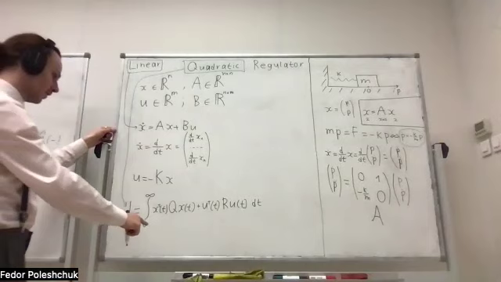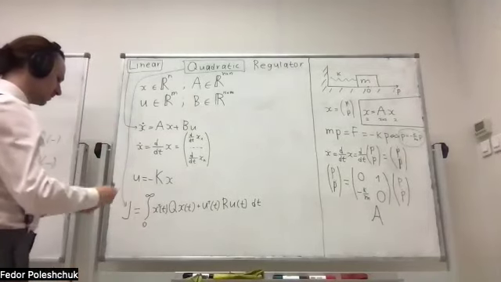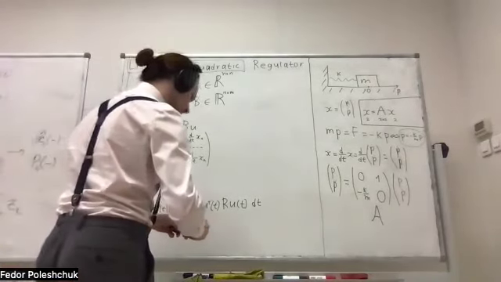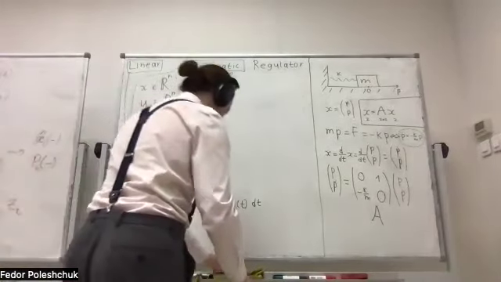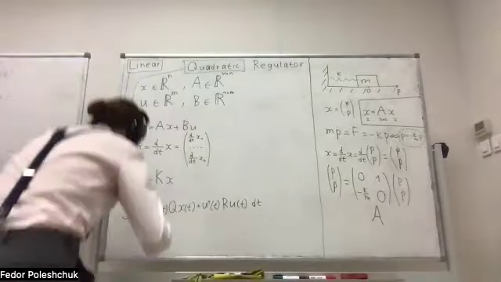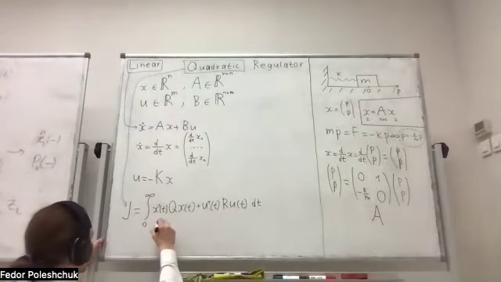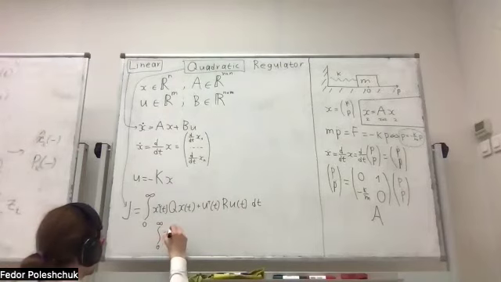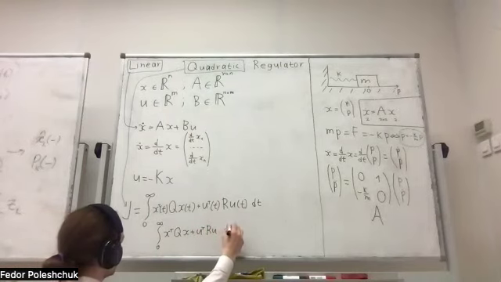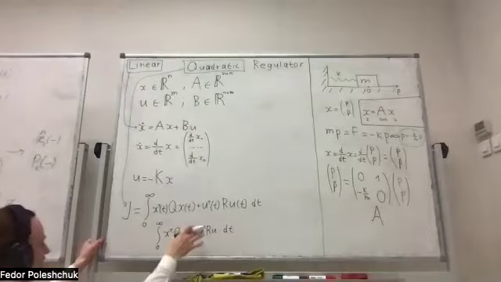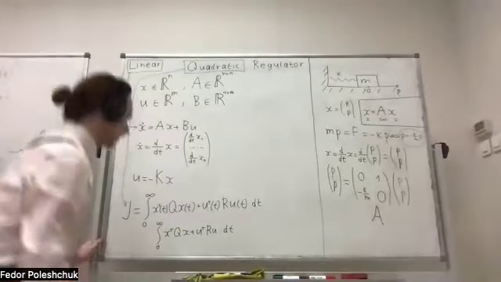So if we omit the dependence on time, let's assume that it's clear. Okay, so I will write it in more compact form. Integral from 0 to infinity, x transpose Q x plus u transpose R u dt. It's just the same thing, but in compact form.